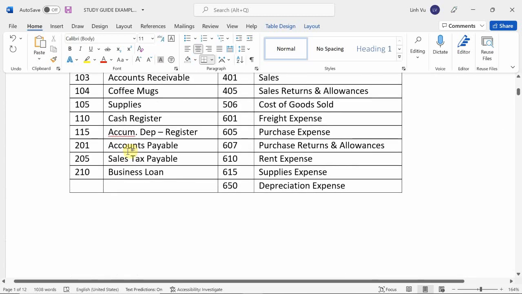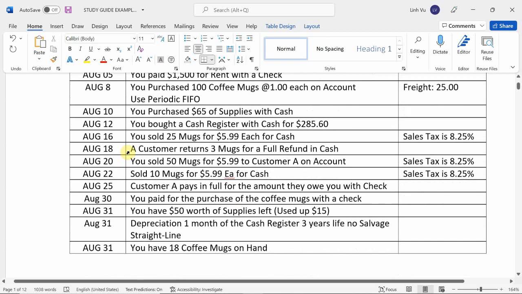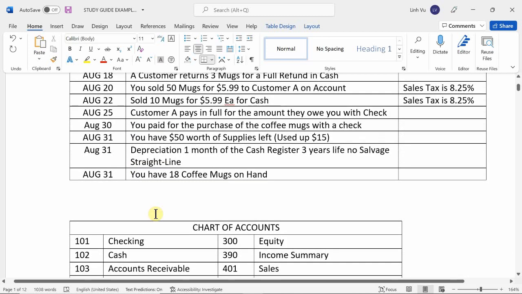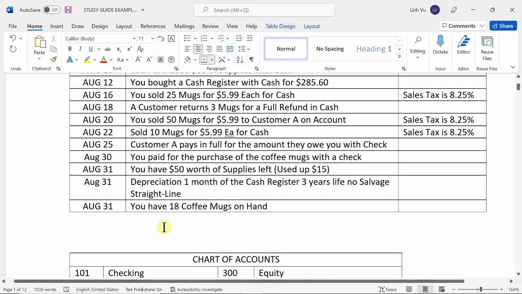So let's see what happened next. Right here it says on August 31st, you have a total of $50 worth of supplies left on hand, which is an adjustment entry. Depreciation, 1 month of the cash register, is an adjustment entry.